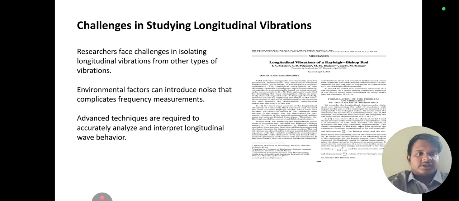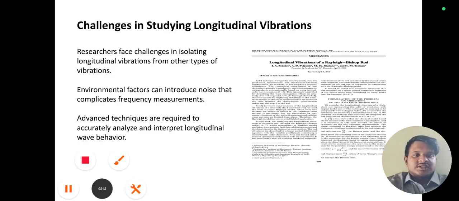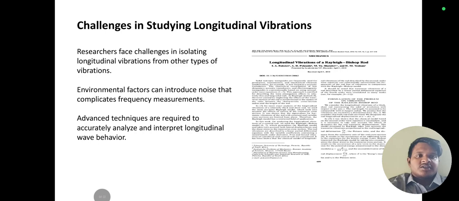Challenges in studying longitudinal vibrations. Researchers face challenges in distinguishing longitudinal vibrations from other types of vibrations. Environmental factors can introduce noise that complicates frequency measurements.